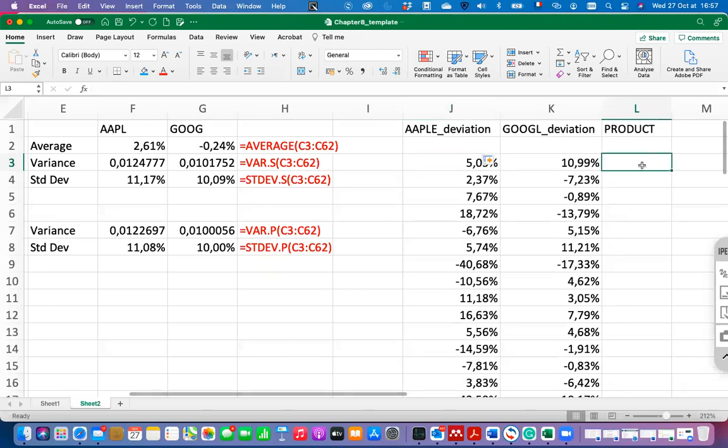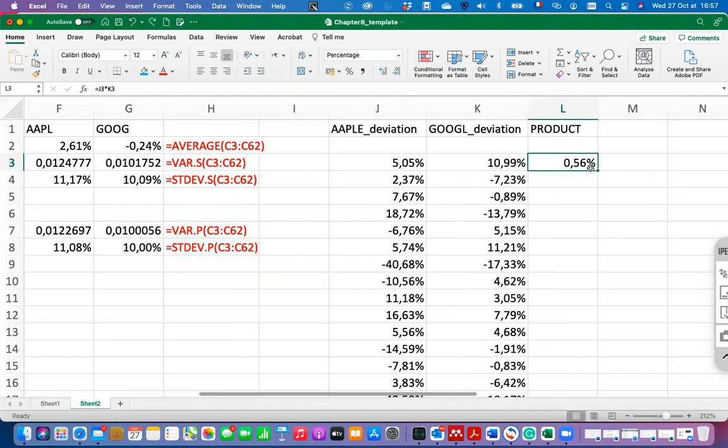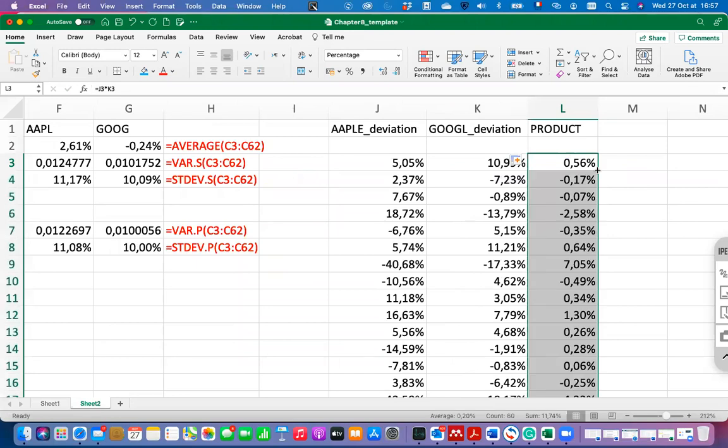Now, the product: the deviation of Apple times the deviation of Google, and then scroll it down. You multiply the Apple deviation by the Google deviation. This is the formula text.